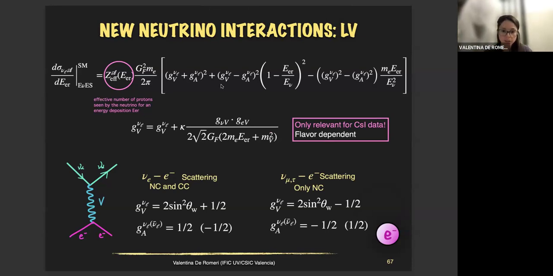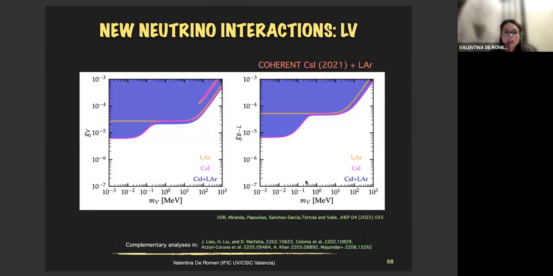Of course, this contribution is flavor dependent, because in the case of electron neutrinos, we have both neutral current and charged current contributions, whereas for muon neutrinos, which are present in the neutrino source of COHERENT, only the neutral current is present.